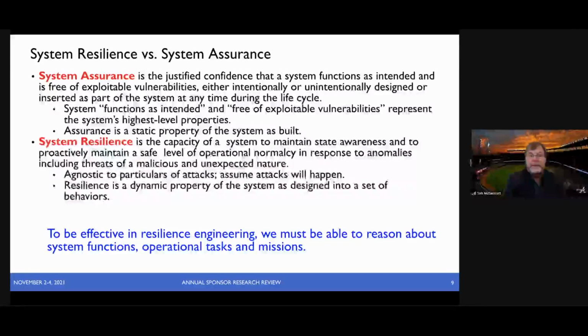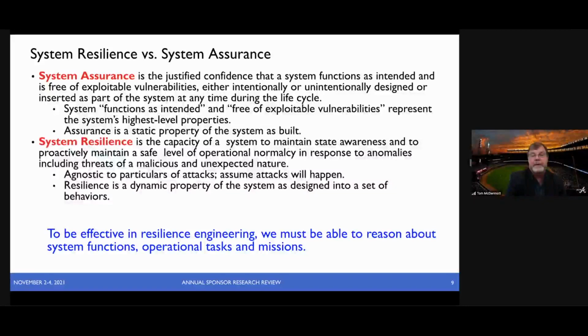And this is where resilience comes into play, or resilience engineering. So resilience is the capacity of a system to maintain state awareness and to proactively maintain a safe level of operational normalcy in response to anomalies. And so the resilience of the system is pretty agnostic to the attacker. You know, it functions based on patterns.